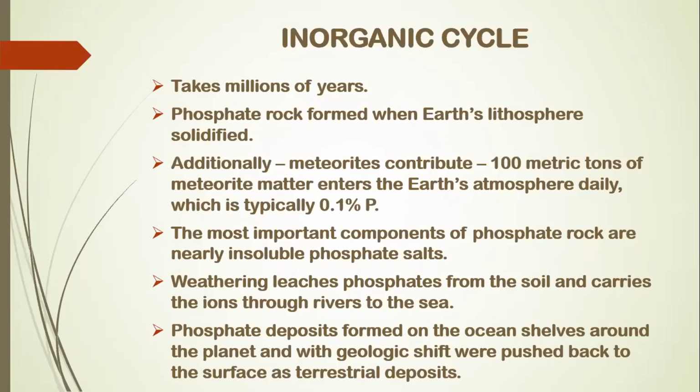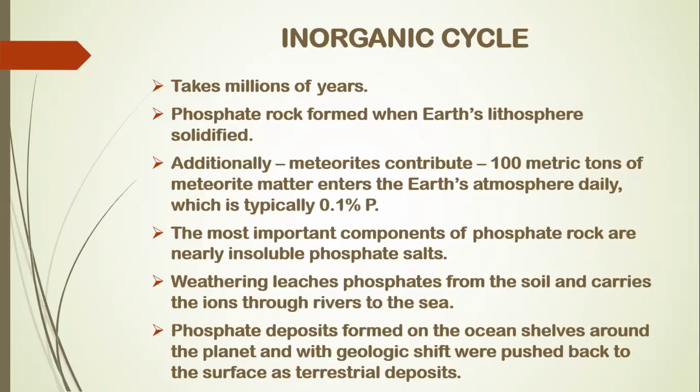Weathering leaches phosphates from the soil and carries the ions through rivers to the sea. Phosphate deposits formed on the ocean shelves around the planet. The ocean shelves are near the land areas. So as the rivers deliver these phosphate ions into the ocean, it lands on the ocean shelves mostly.